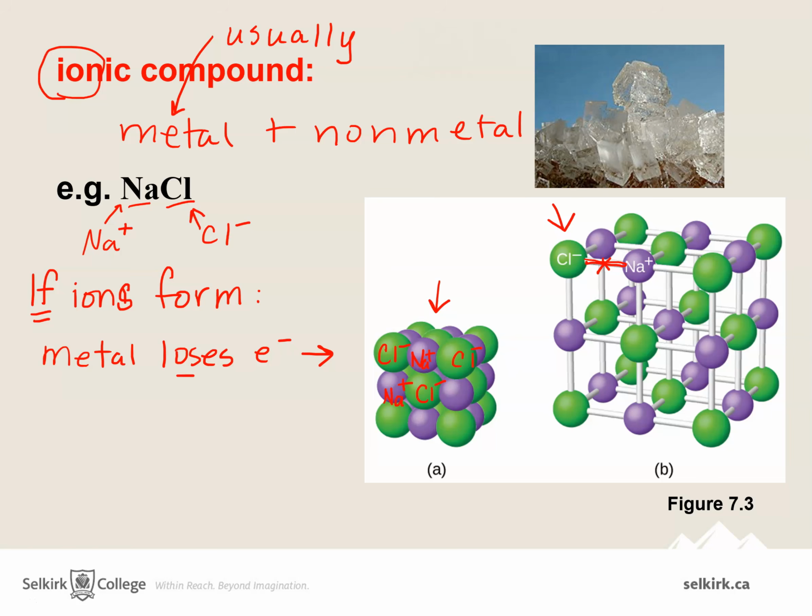And the name for a positively charged ion is a cation. Positively charged ion, cation. The nonmetal gains electrons and becomes a negatively charged ion. And you know the fancy name for a negatively charged ion. That is an anion.